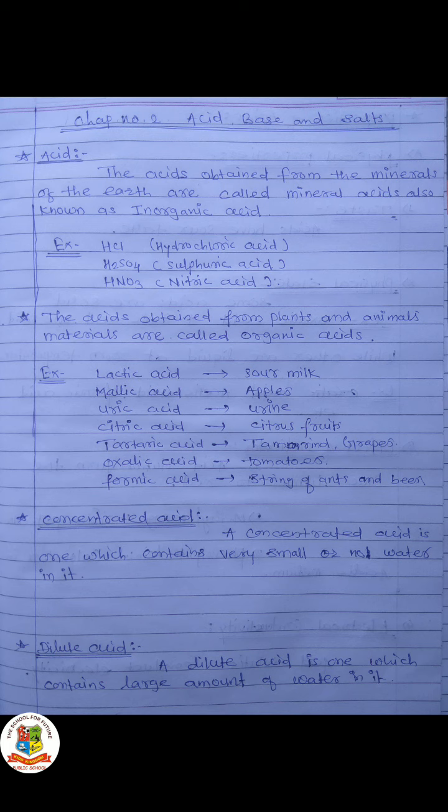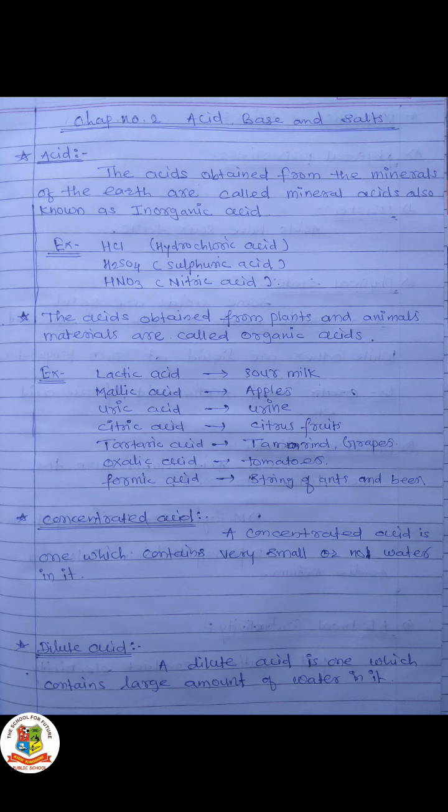That is known as concentrated acid. Now we will try to know about dilute acid. A dilute acid is one which contains a large amount of water in it. That means water is added to it.